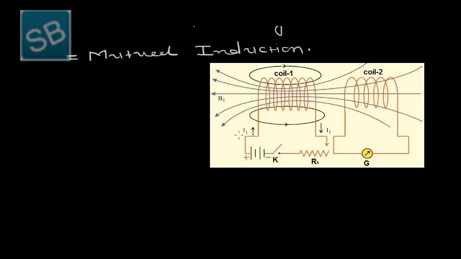So here the I1 current is passing. And there is a rheostat by which the external current can be reduced. And now, due to Faraday's law, an induced EMF is produced in coil number 2.